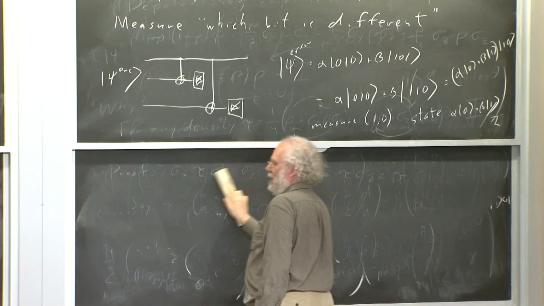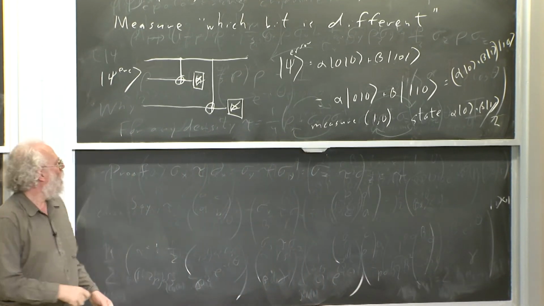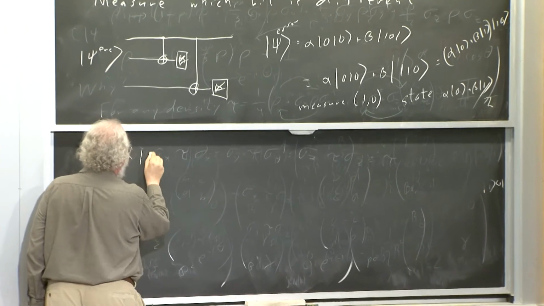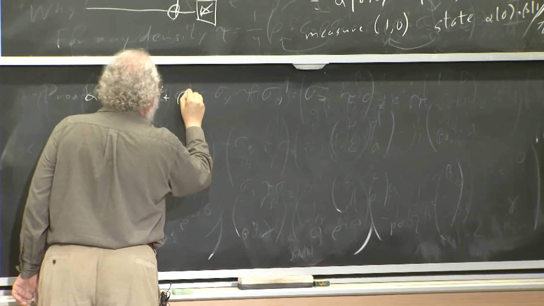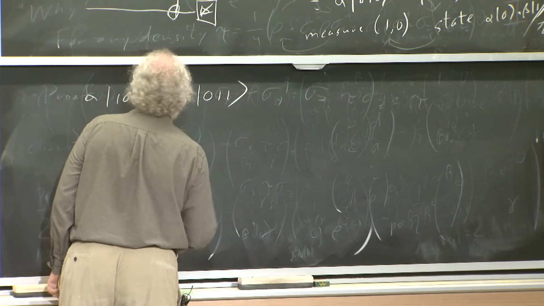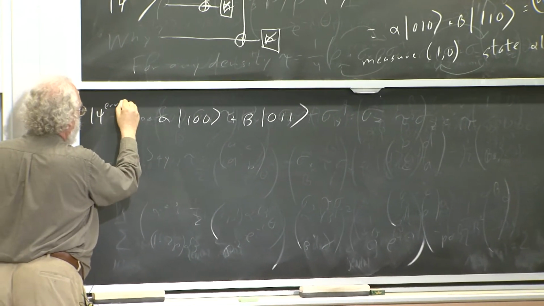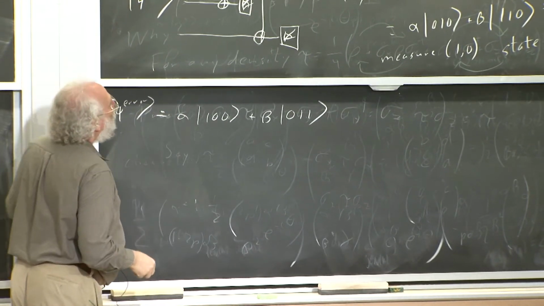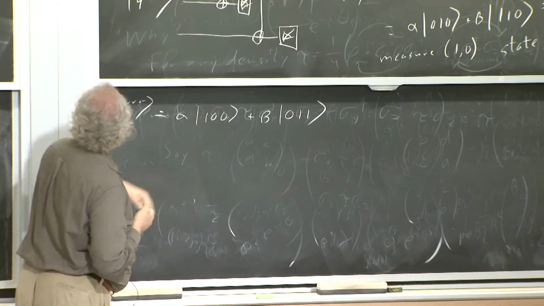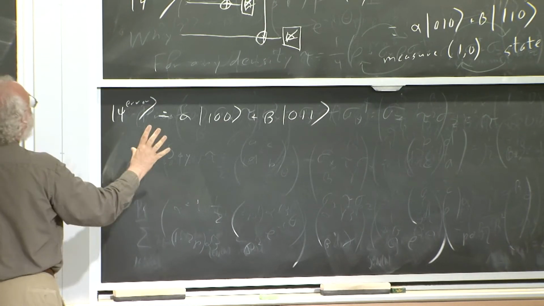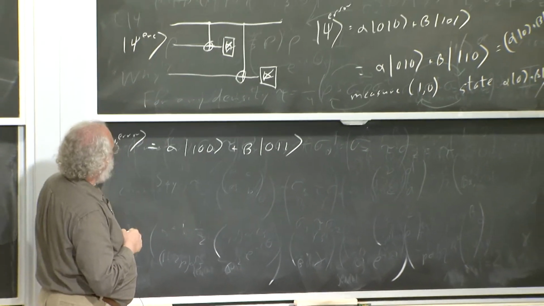So suppose you put in alpha 1, 0, 0 plus beta 0, 1, 1. So that's our error state. We got this by applying sigma x to the first qubit.